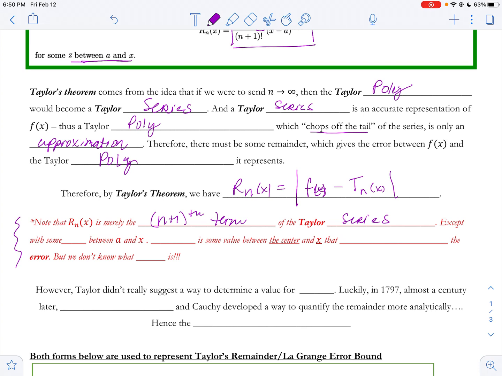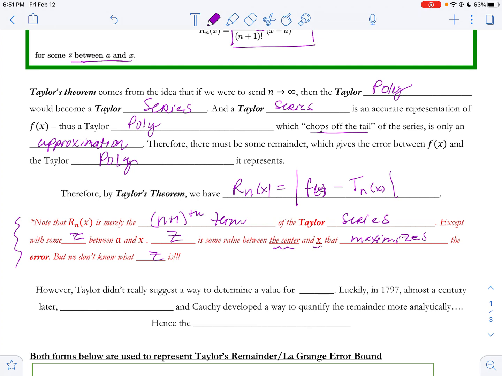The difference is there's some z between a and x, and that z is some value between the center and the x value that maximizes the error.